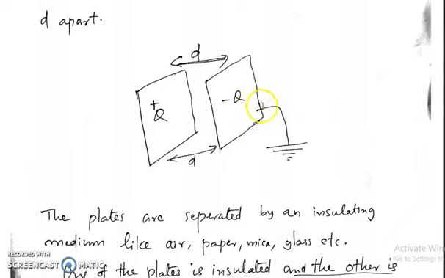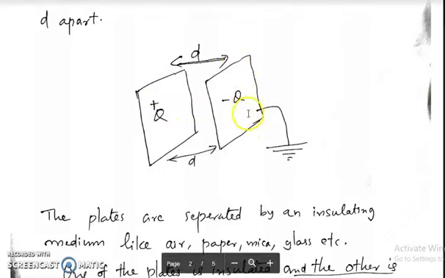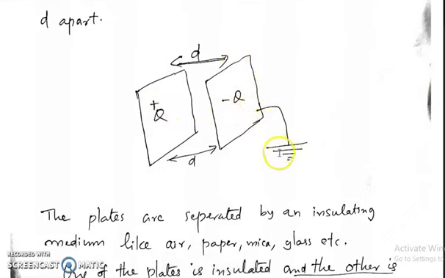But this plus Q charge on the farther face is free, and since it is grounded, it will flow into earth. So we have plus Q charge here, minus Q charge here.